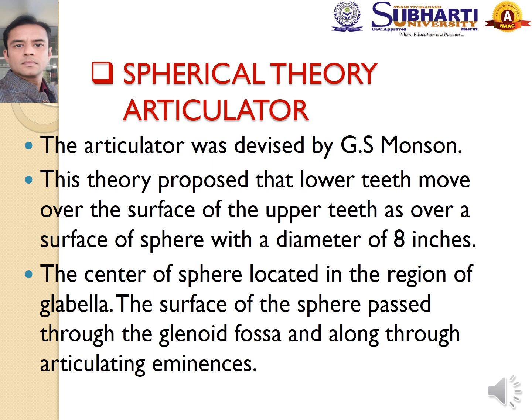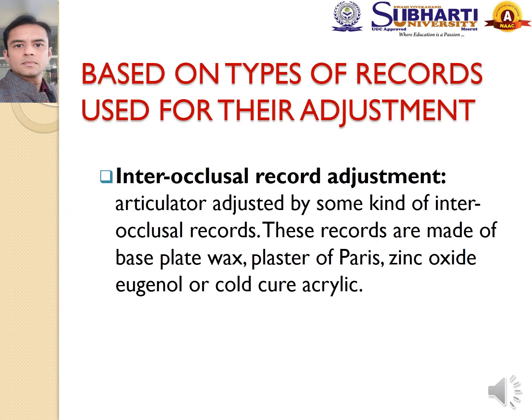Now coming over to the classification based upon the types of records used for their adjustment. As a BDS student, this is not of much importance, but we should know this. Now we have interocclusal record adjustments.